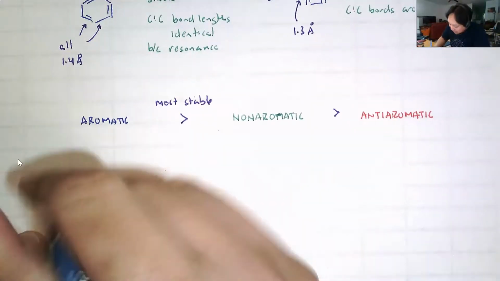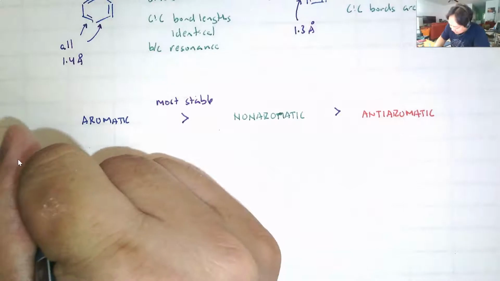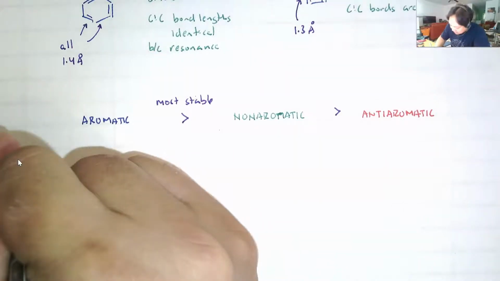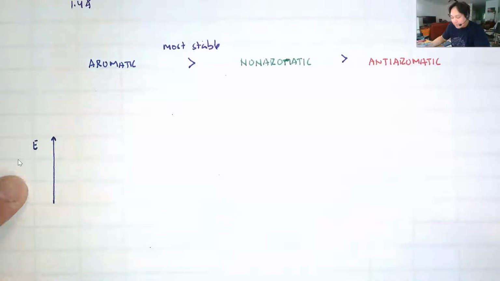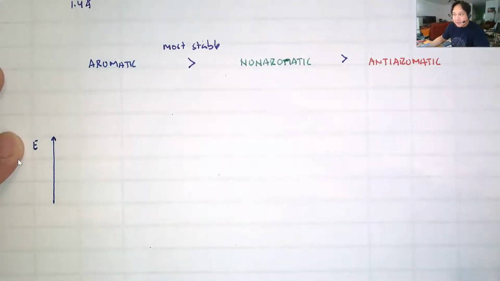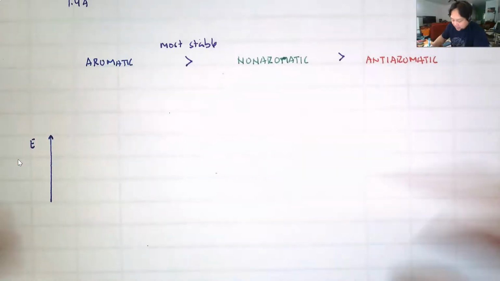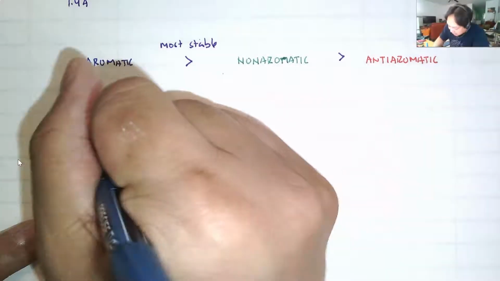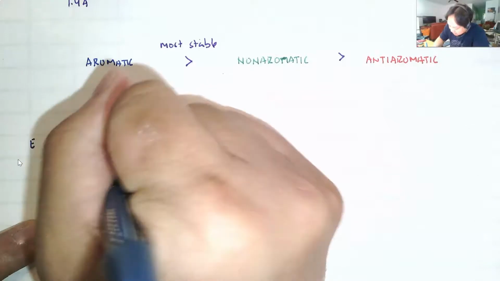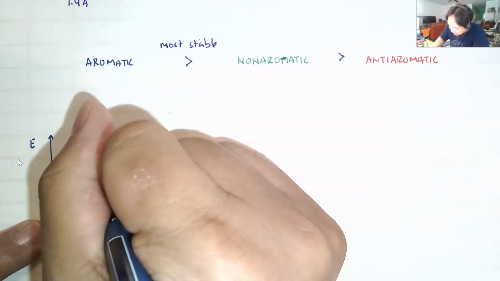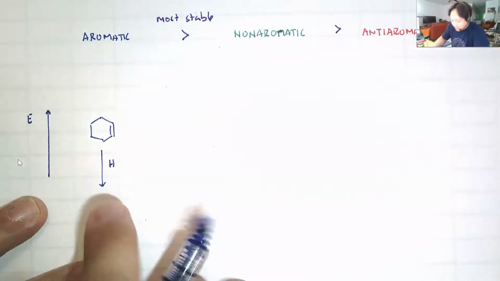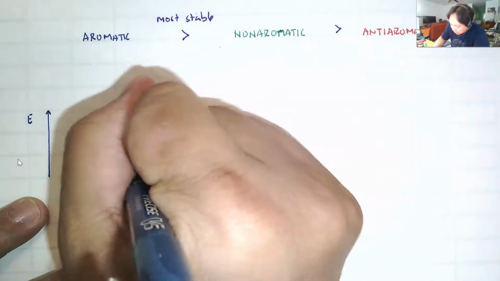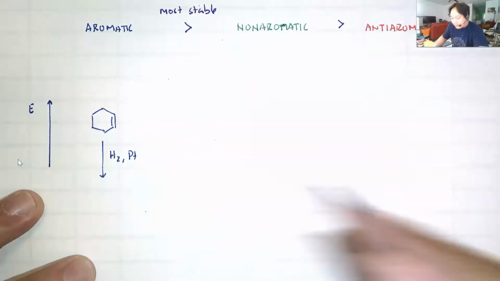If we have an energy diagram, we've seen this before, the higher up the vertical axis, the more unstable the molecule is. And when we hydrogenate alkenes, we typically lower the energy, or you could even think of it as releasing energy.